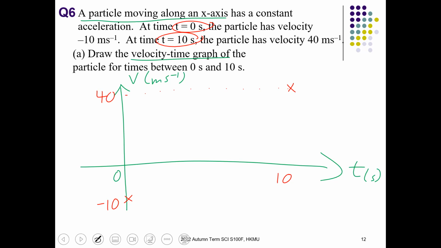What we know is that the particle is moving with constant acceleration, which means for the VT graph, we have constant slope. Constant slope means the slope remains the same throughout the curve, so that we just line up these 2 points.